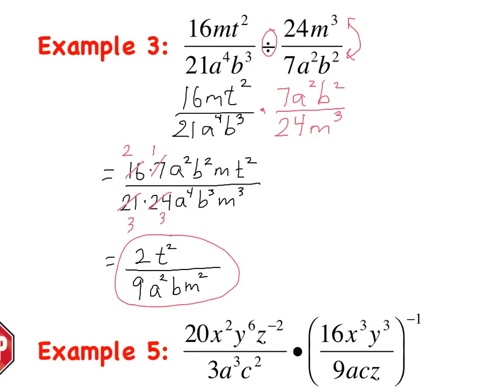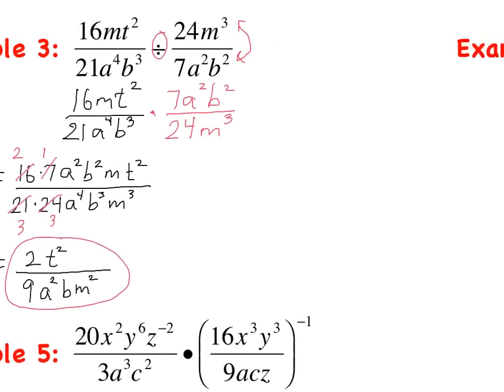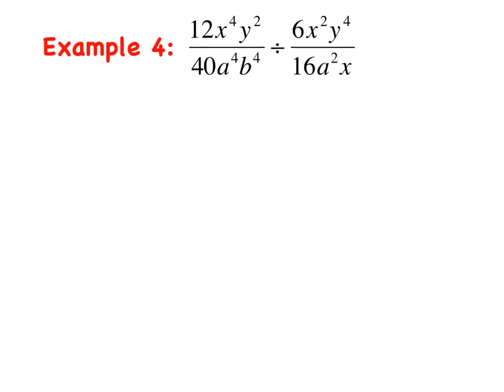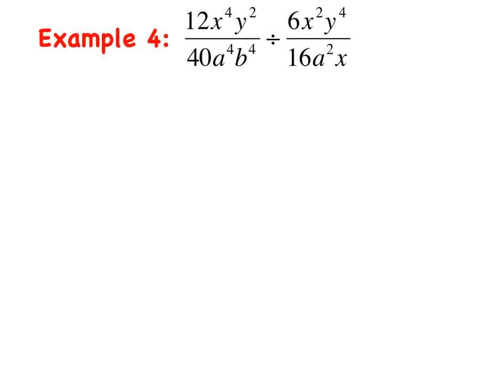Okay, let's quickly try example 4, and then I'll let you loose a little bit. Okay, so again, notice here we have a division. So we're going to change that to multiplying by the reciprocal. So let's go ahead and do that step.